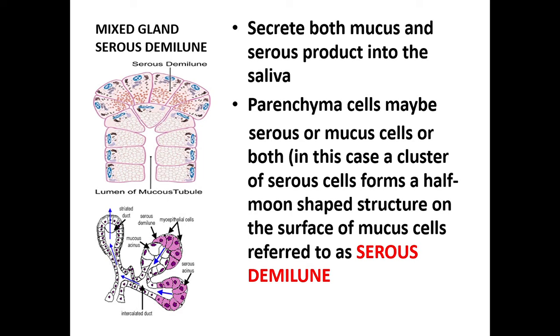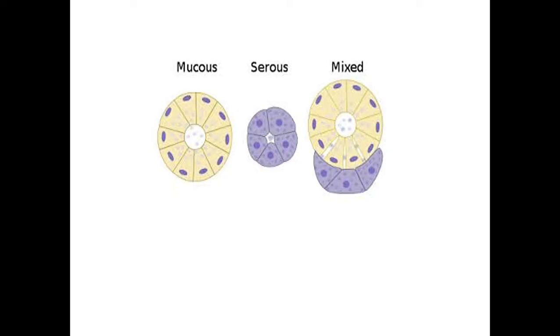The parenchyma cells of these glands may be serous or mucous cells or both. In this case, a cluster of serous cells forms a half-moon-shaped structure on the surface of mucous cells, referred to as serous demilune.